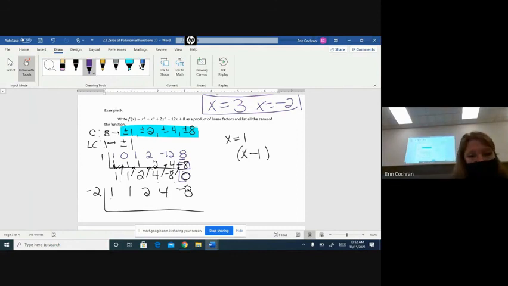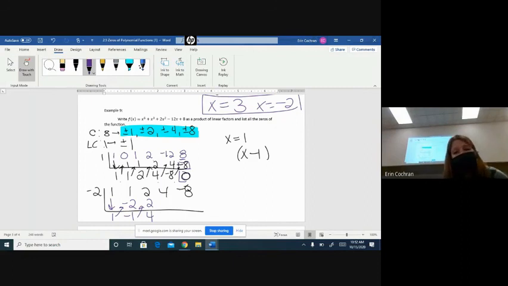So let's bring down the 1. What's negative 2 times 1? Negative 2. 1 plus negative 2? Negative 1. Okay. Negative 2 times negative 1? 2. What's 2 plus 2? 4.